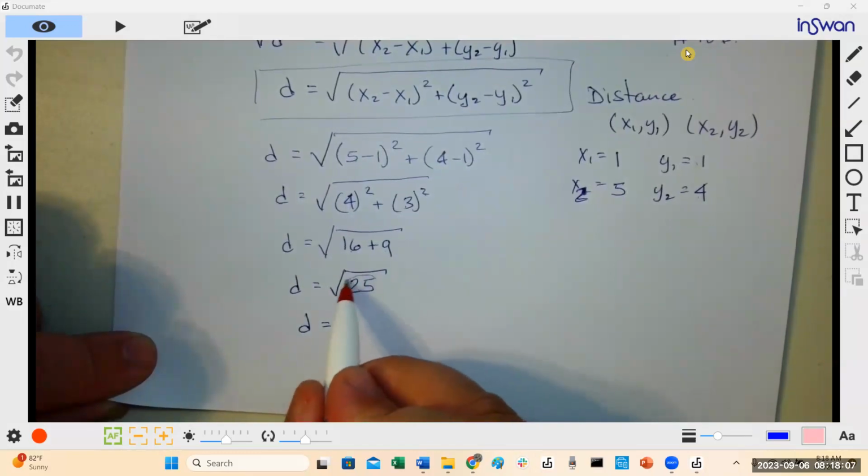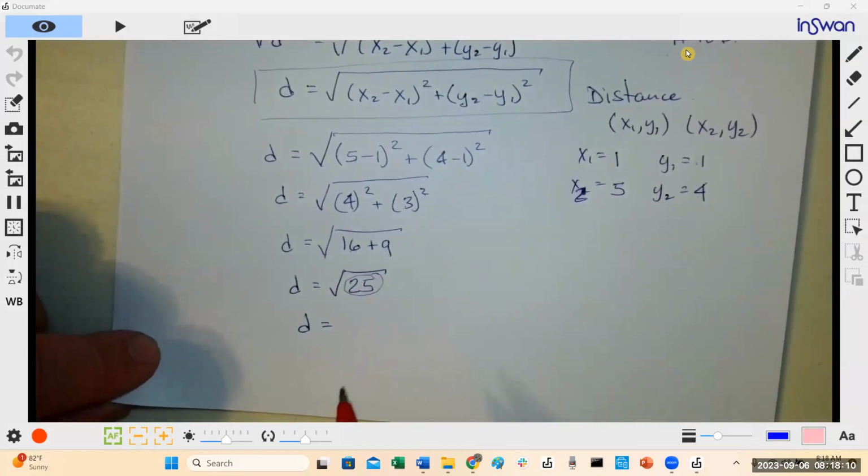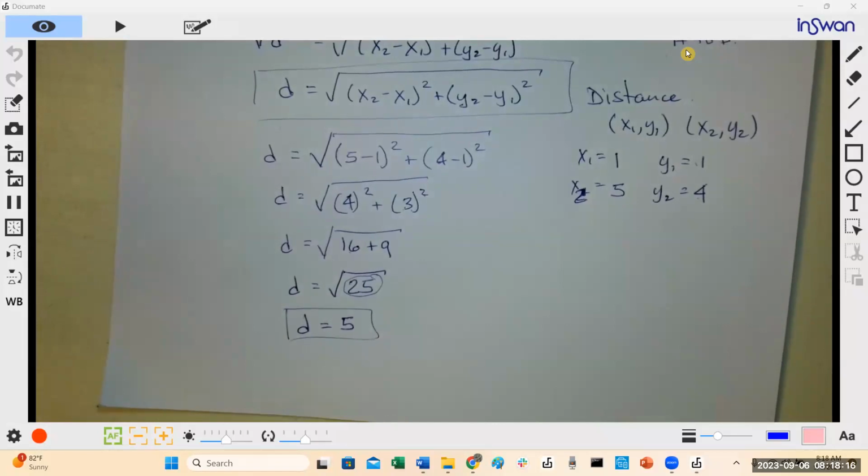Now, what times what, same number, equals 25? So the distance between our 2 points is 5 units.